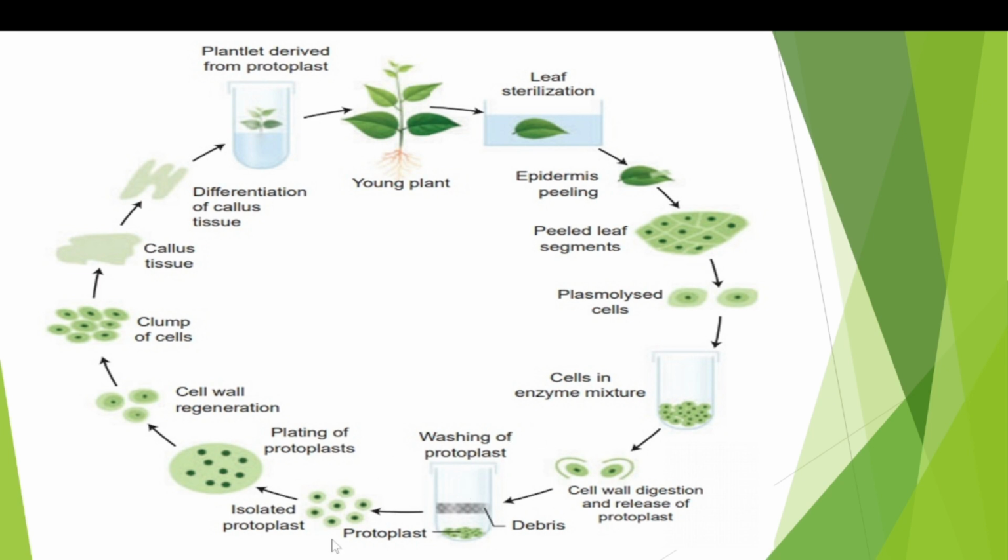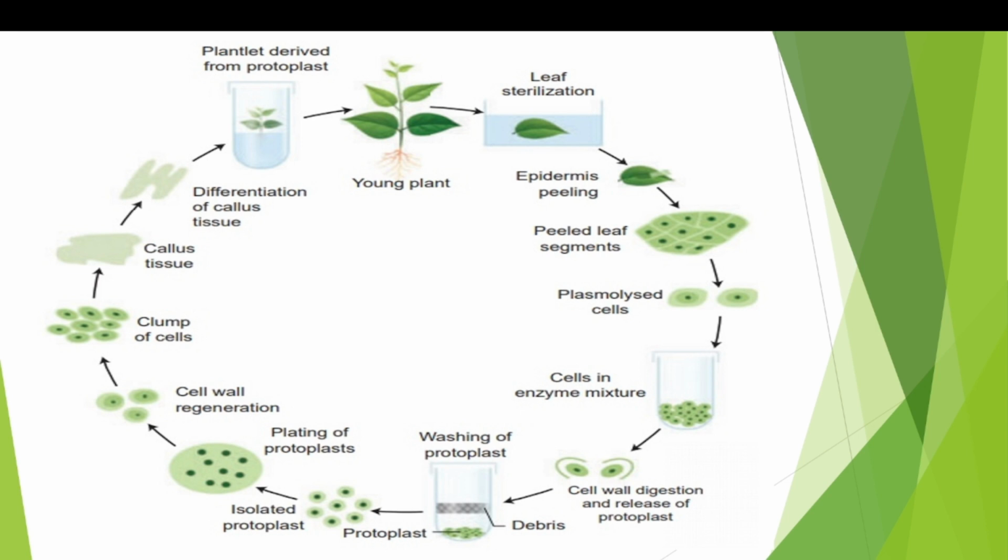After genetic manipulation, you again need to generate the cell wall. After cell wall generation, callus formation takes place. This callus again differentiates into a plant. So whatever plant you want to generate, you can generate. Generally in plant cells, genetic manipulation is not that easily possible because they contain a hard cell wall.